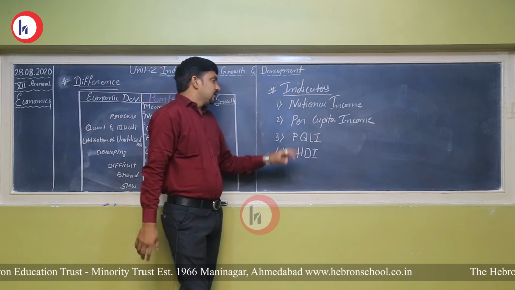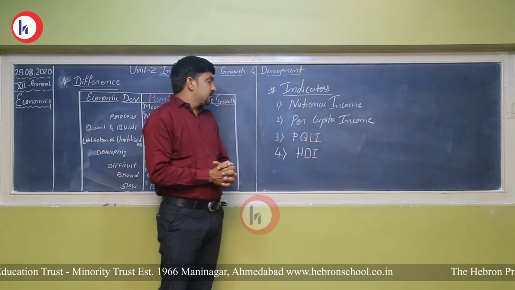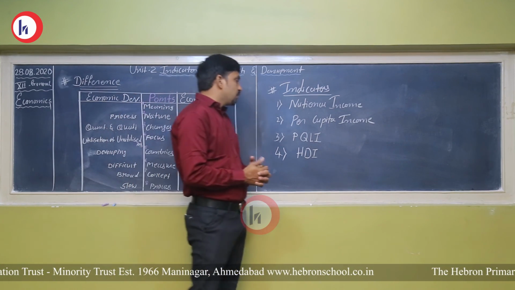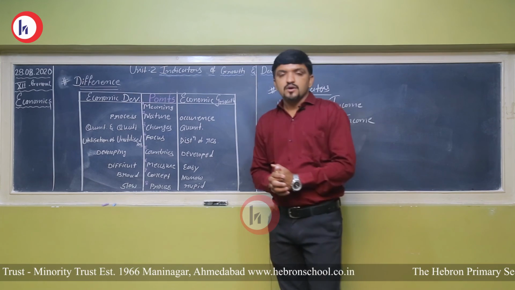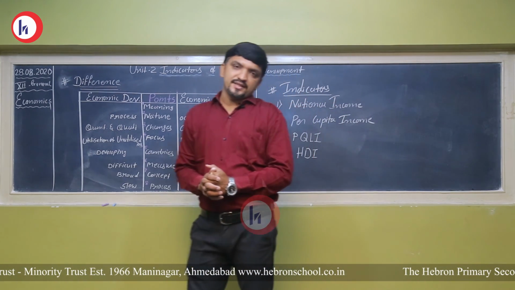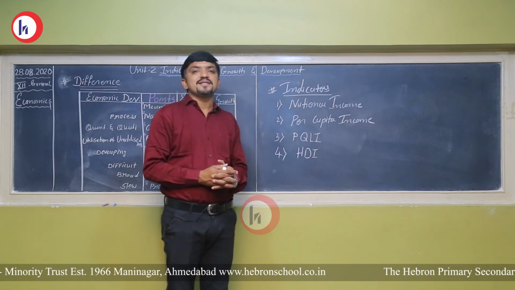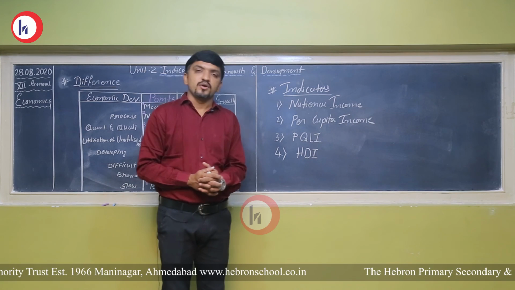Then, due to the limitations of per capita income, the third concept, physical quality of life index, was developed in the year 1979 by Professor Morris.